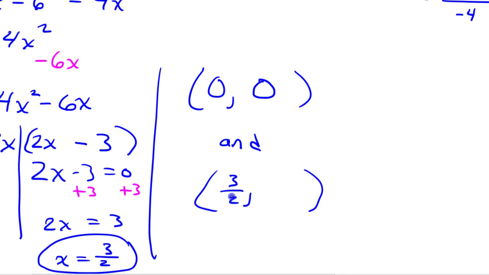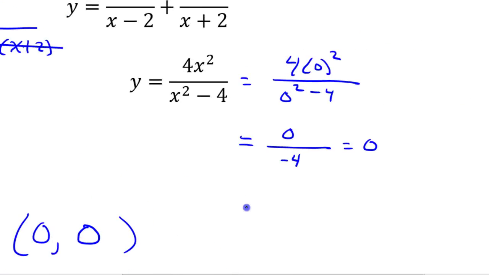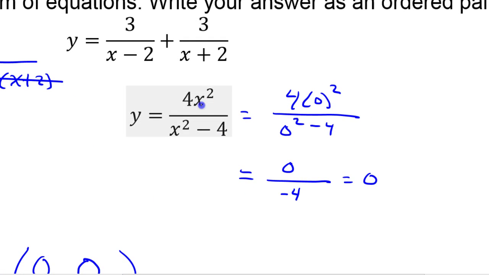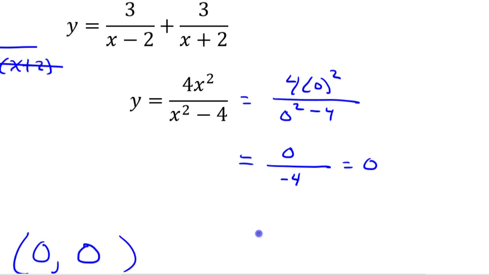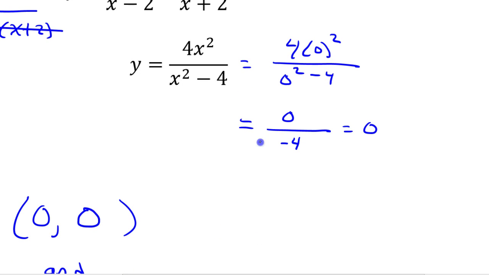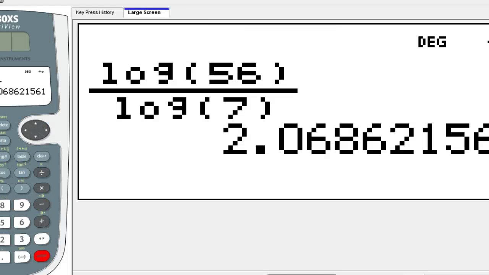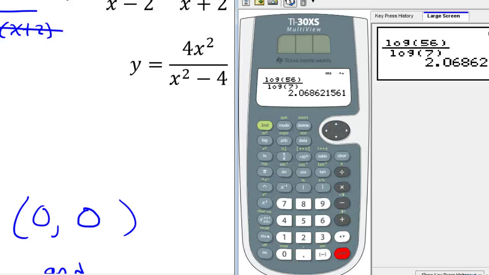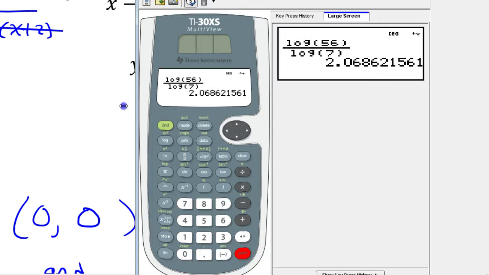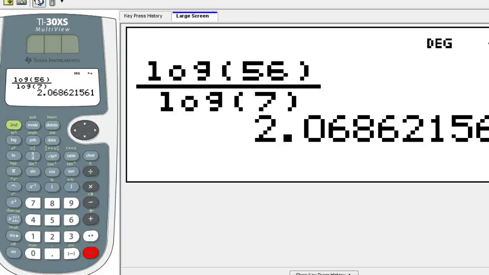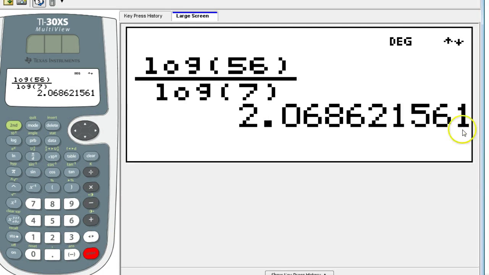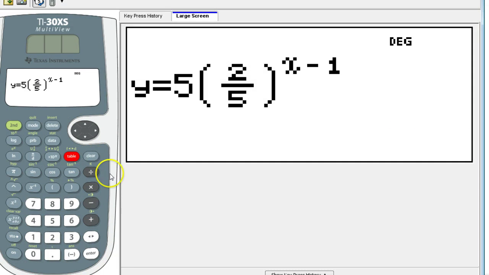Now, what if I substitute 3 over 2 in? Alright, well that'll be a little bit more complicated. So now's a good time for me to show you that I can use my calculator instead. So instead of putting 3 over 2 in here, let's use our TI-30 XS multiview. Alright, and we'll use the table feature.